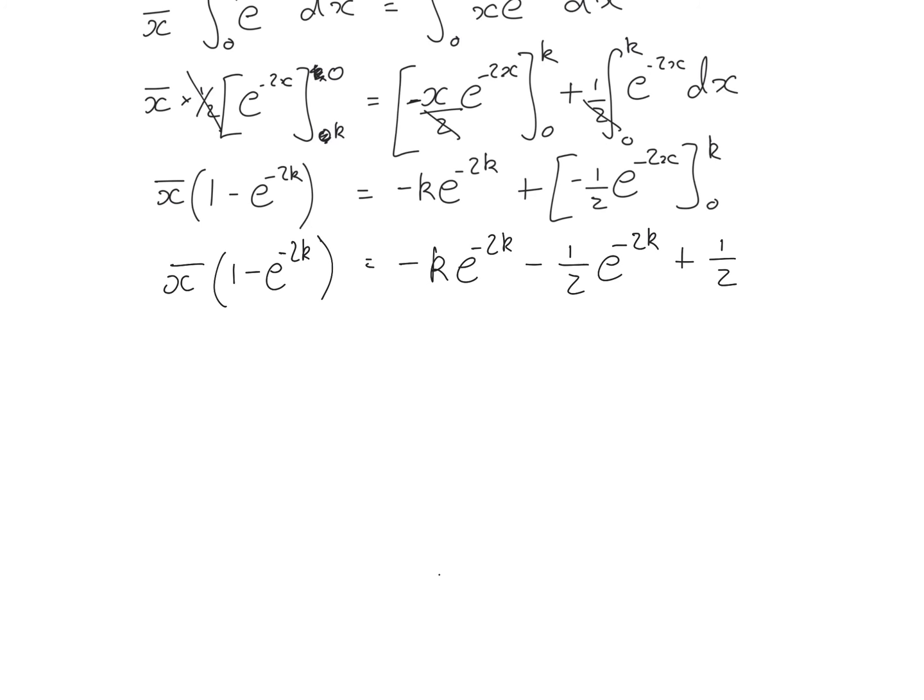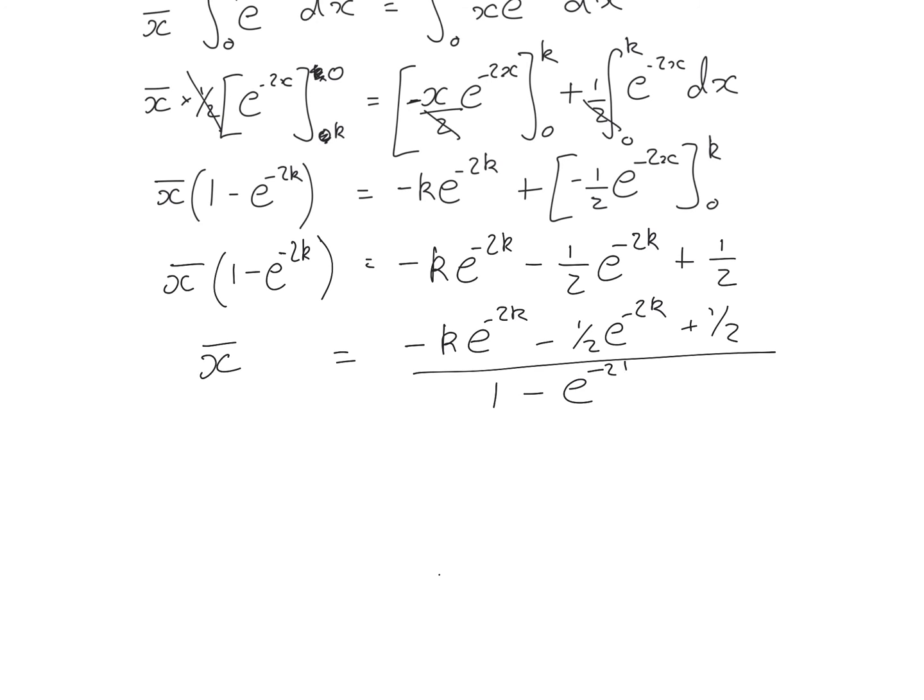but I want to do some dividing here, so how are we going to do this? So let's just write it and then we'll see whether we can spot anything nice to do. Minus k e to the minus 2k minus a half e to the minus 2k plus a half over minus e to the minus 2k.